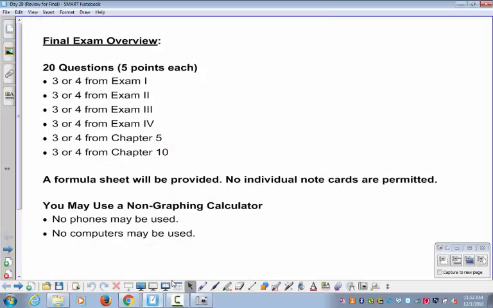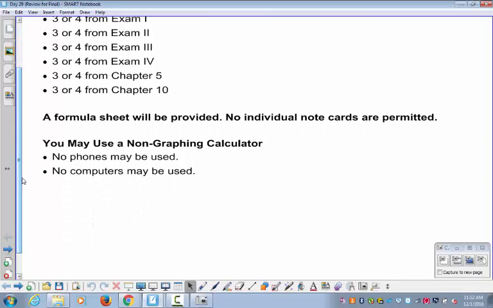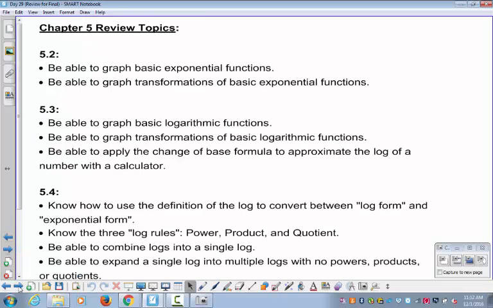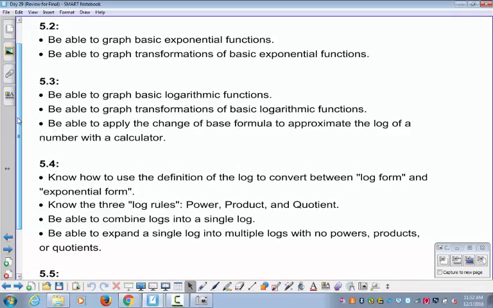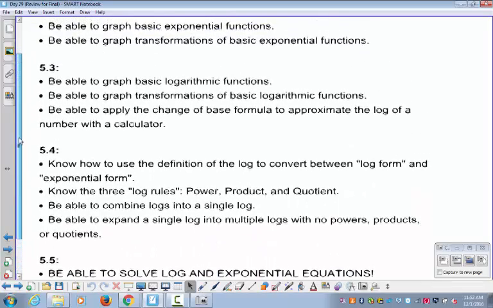The content from 5 and 10, I'm going to tell you right now. So there's only 3 or 4 questions from chapter 5. There's only 3 or 4 from chapter 10. There's not a ton. And here's what there will be. So in chapter 5, we had logs and exponentials.